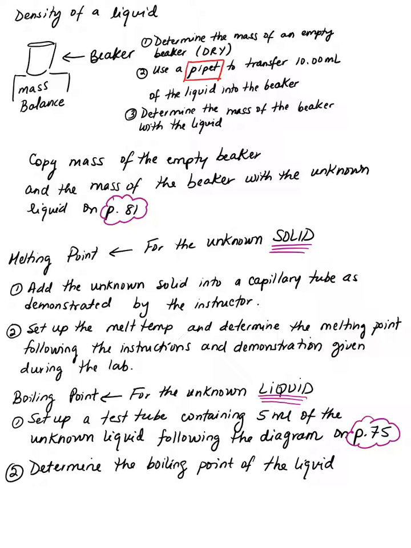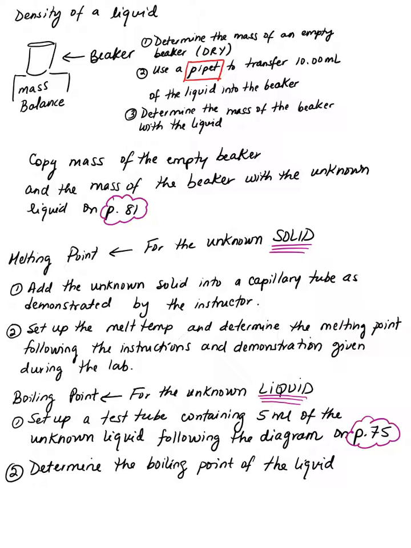So now you're going to have the mass of your empty beaker that you copied, and now you're going to have a new mass, which is the mass of your beaker plus the 10 milliliters of the liquid that you're adding. With those two numbers, you can calculate the mass of your liquid and you can calculate the density. You're going to have a mass of the liquid and a volume, and with those numbers, you can get the density of your liquid.